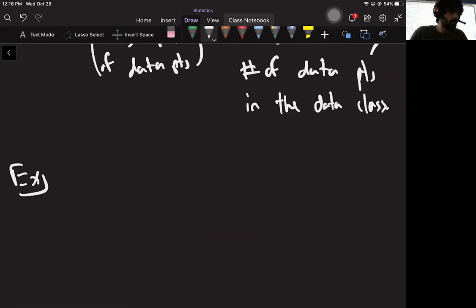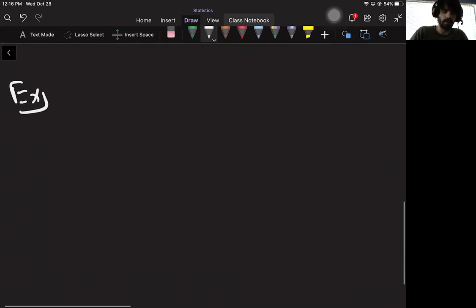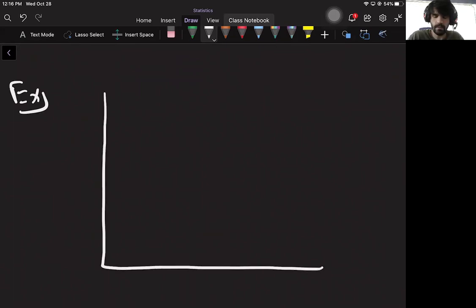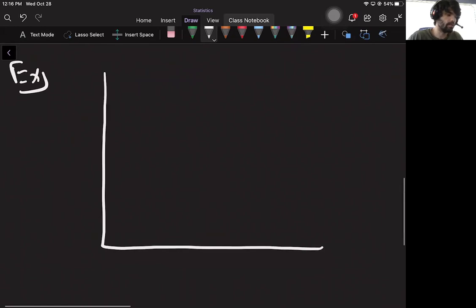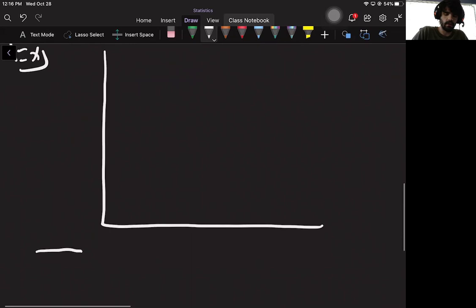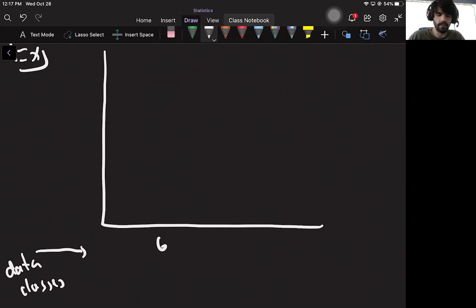So for example, first I'm just going to draw a histogram without any real context. But typically what you do is you make these out of data. Down here, we're going to write the data classes. This is saying that the data fits into either 6, 7, 8, 9, 10, or 11.